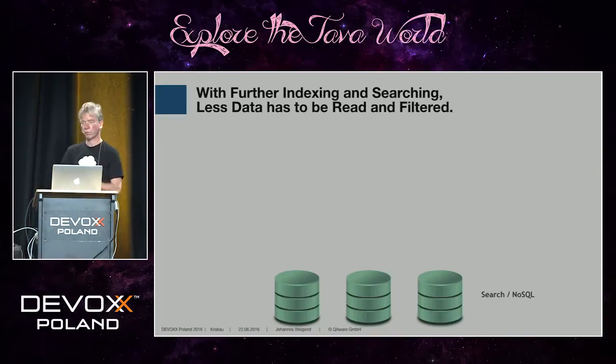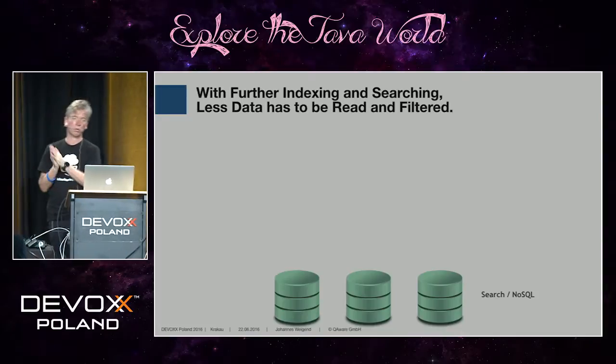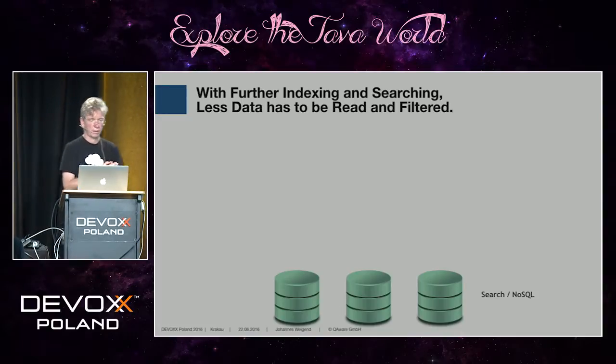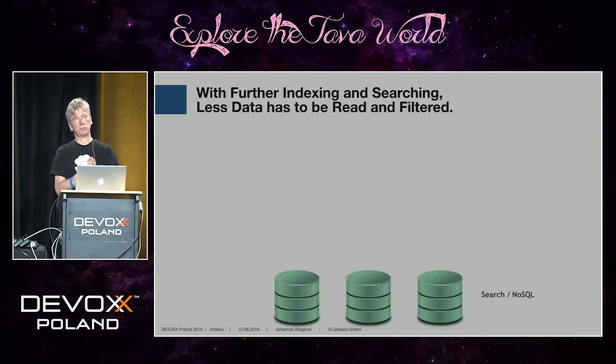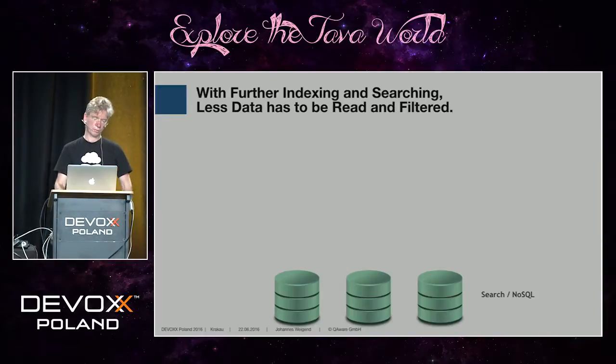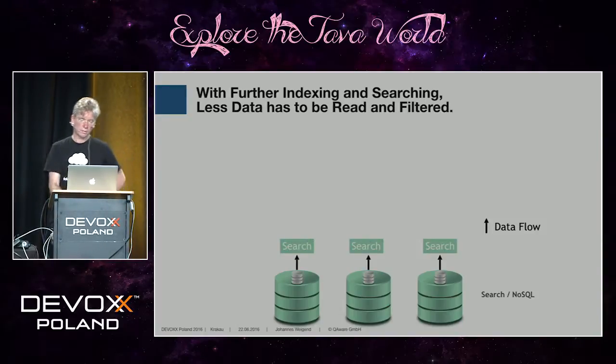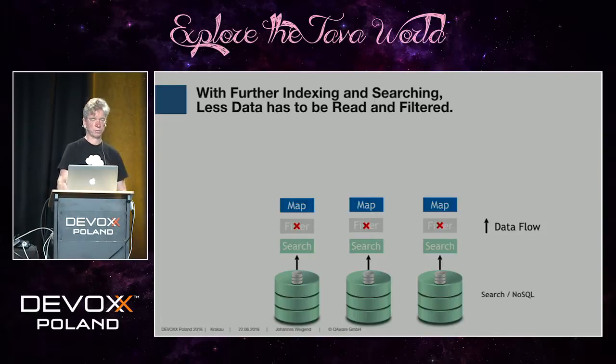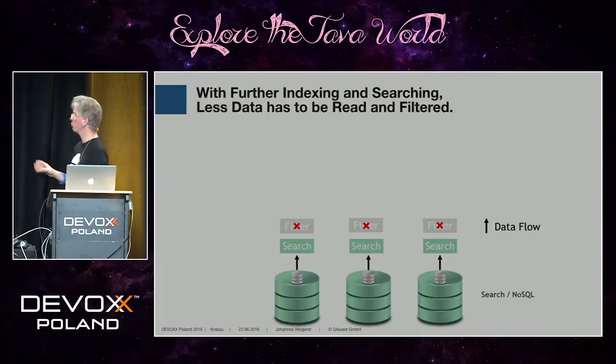But many of the NoSQL databases like MongoDB or others have some limitations in searching. They are not designed for indexing. They're not indexing machines. And if you have a search access, you can search and you have much, much less data to process. And the filter step can be removed.